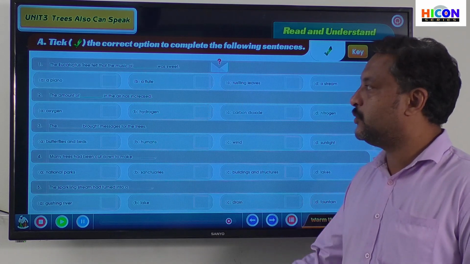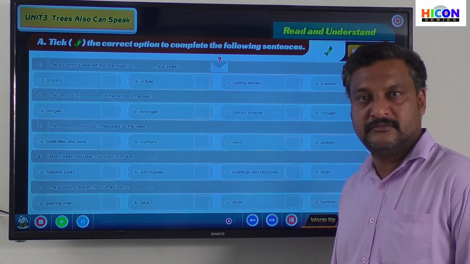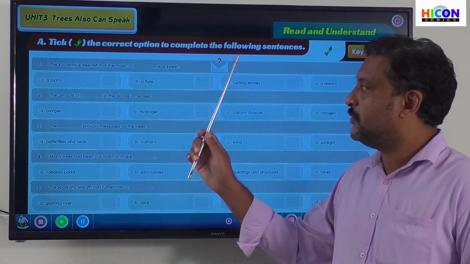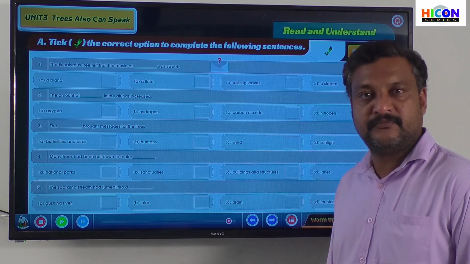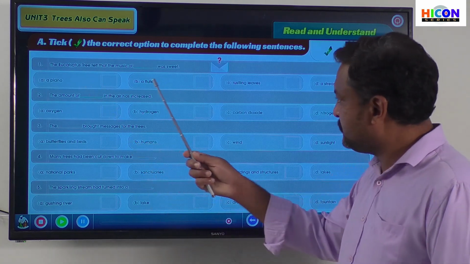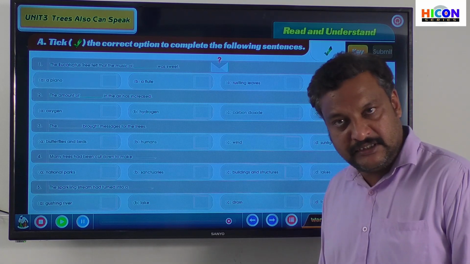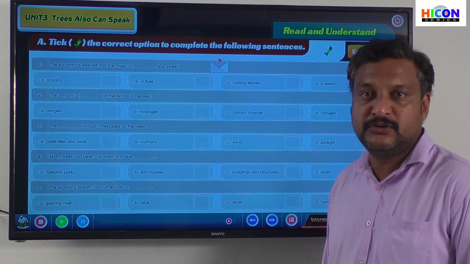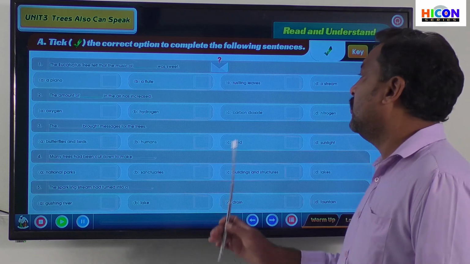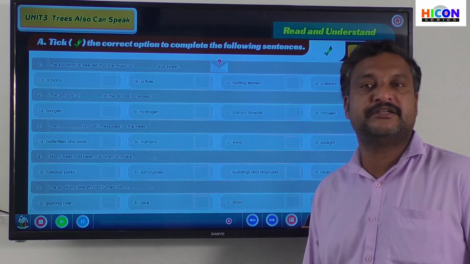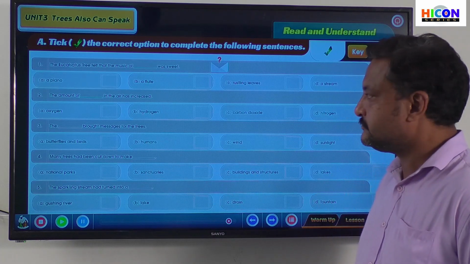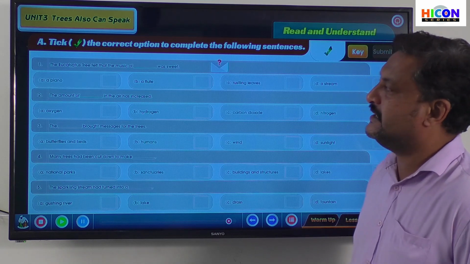We need to read the sentences one by one, check with the options that are given, and decide which is the right option.